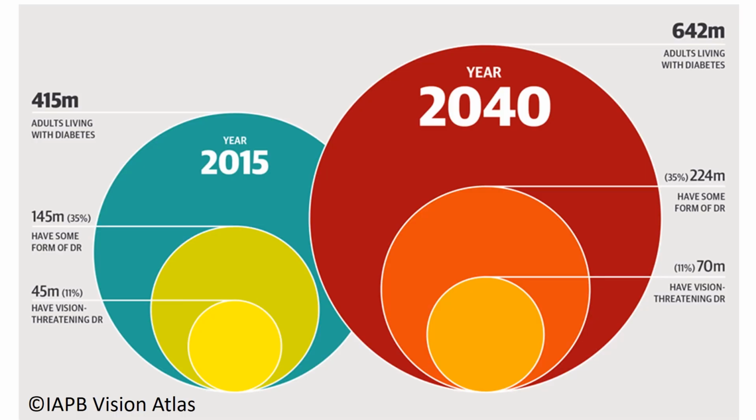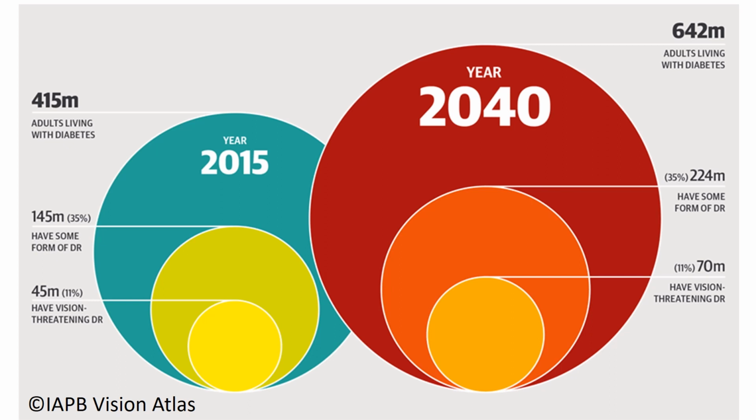How many people are affected by diabetes and diabetic retinopathy? We can compare the numbers in 2015 and 2040 in order to identify the trends. In 2015, 415 million adults were living with diabetes globally.